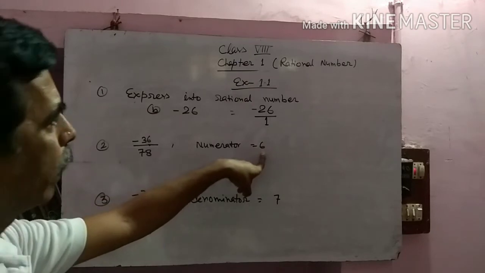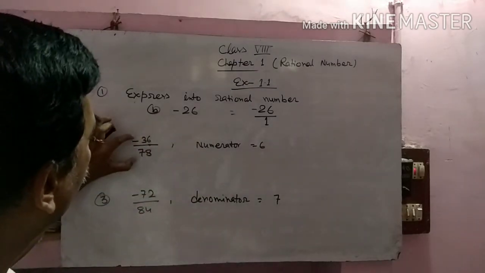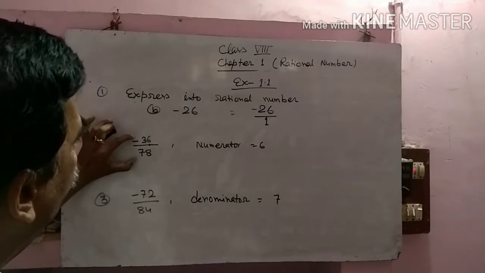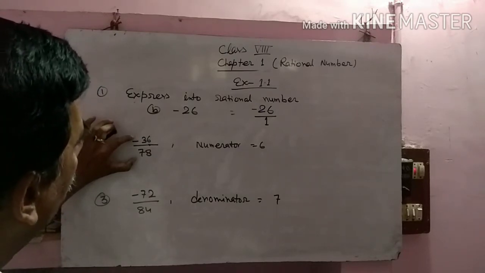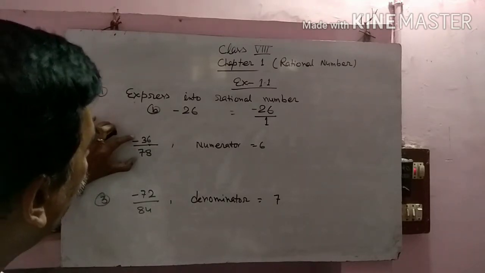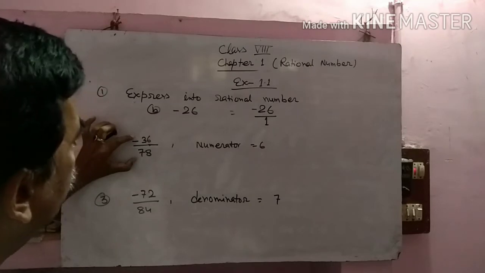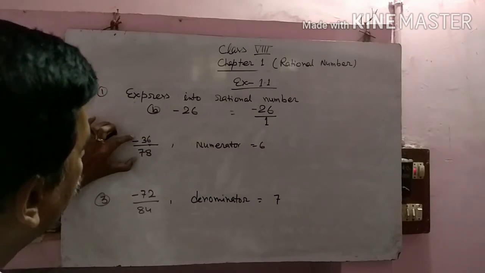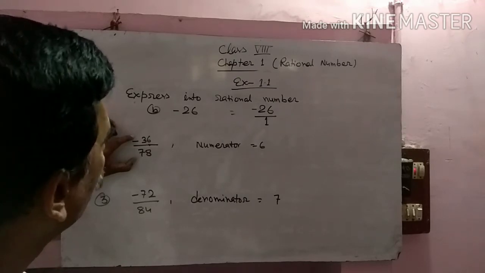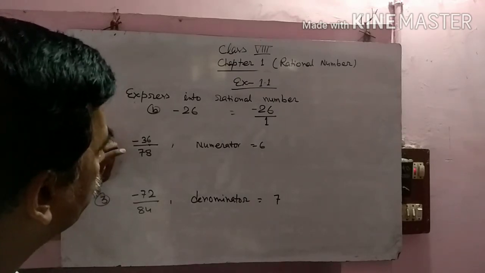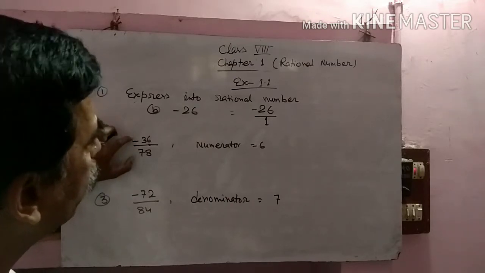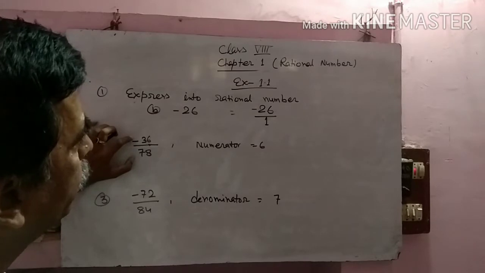As you know, to convert any number into its equivalent rational number, we can either multiply that number by any non-zero number or divide it by any non-zero number. The numbers should be co-prime, but here there is no requirement to write it in standard form. There is only one condition: the numerator should be 6.